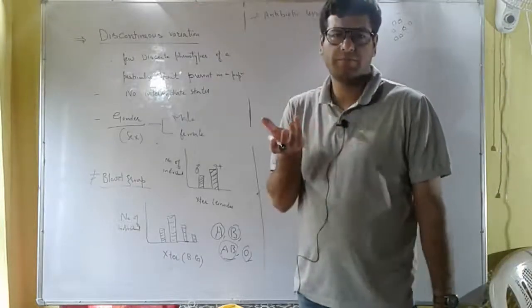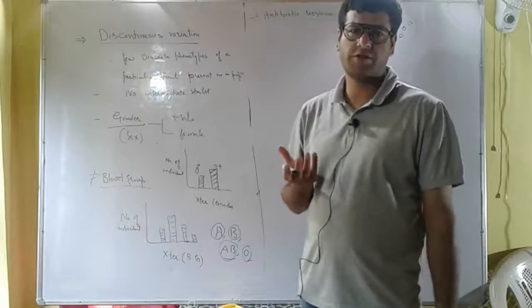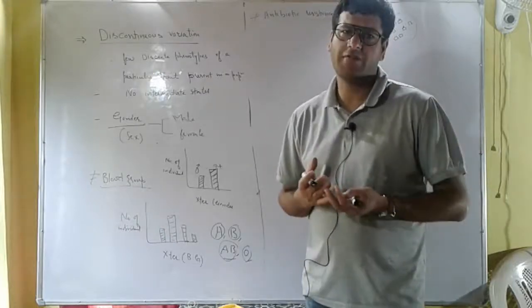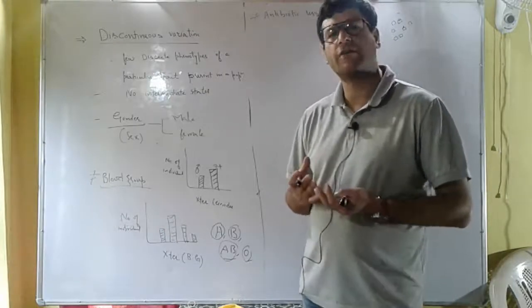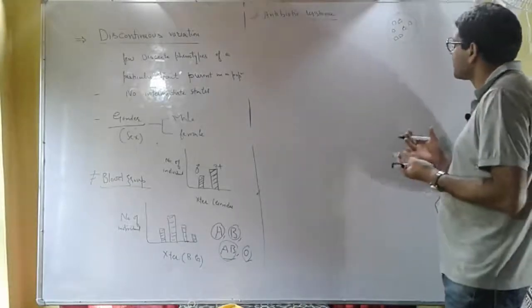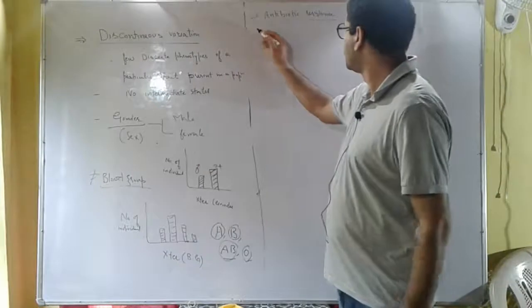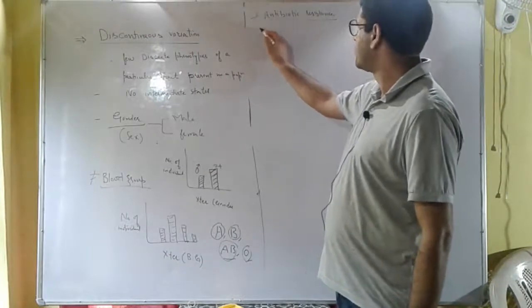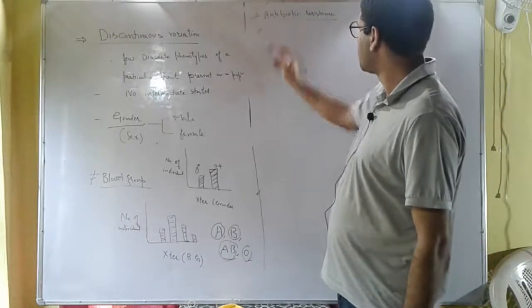Maybe 5 bacteria have antibiotic resistance, while the others do not have this character or phenotype. So we can say that antibiotic resistance is a discontinuous variation.